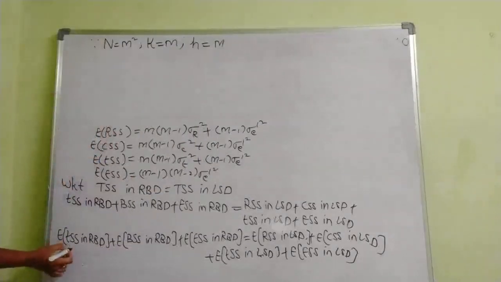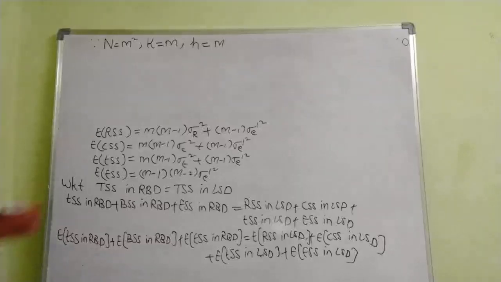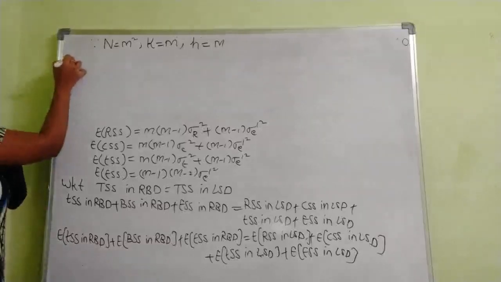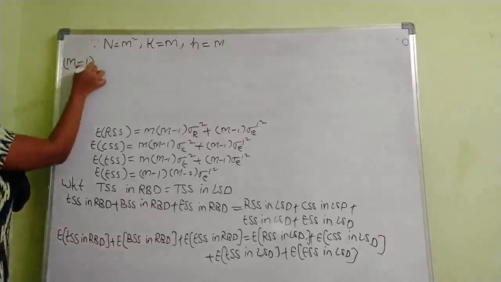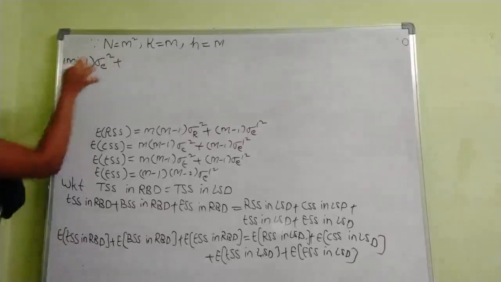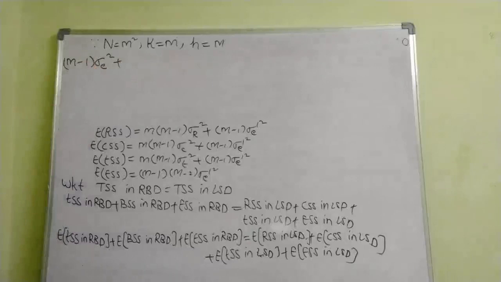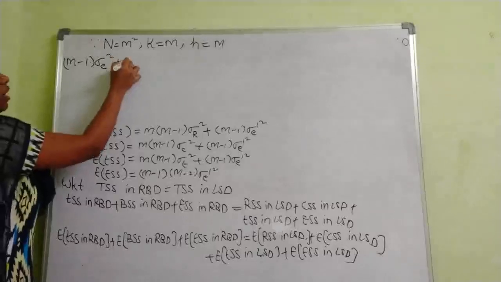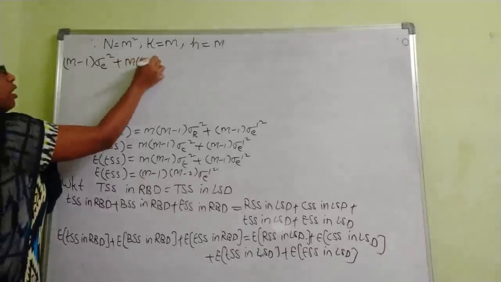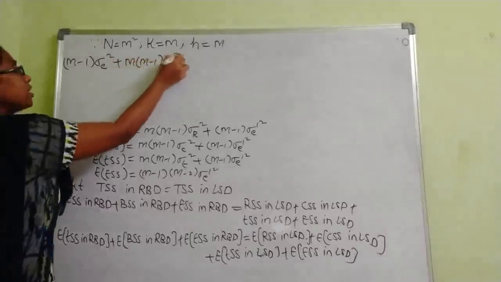The treatment sum of squares expectation in RBD is (k minus 1) sigma E square plus h into (k minus 1) sigma T square. K minus 1 means here m minus 1, so (m minus 1) sigma E square plus m into (m minus 1) sigma T square.